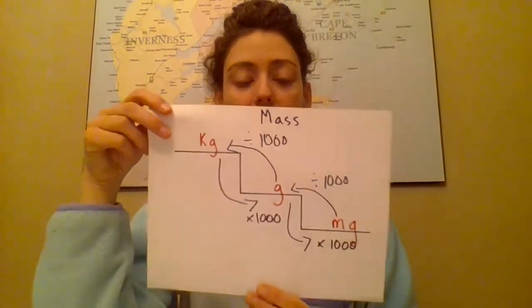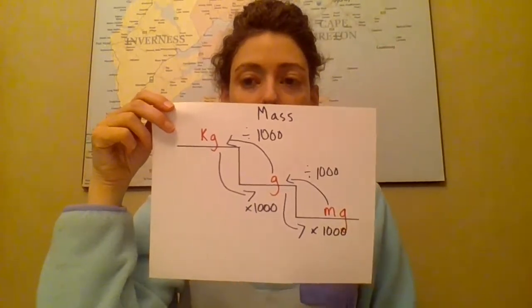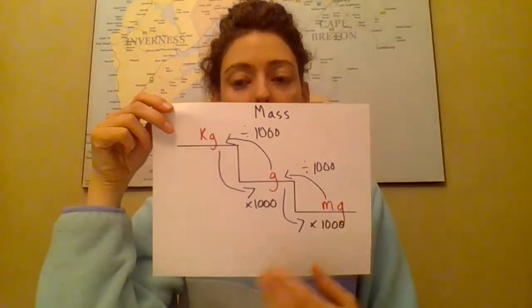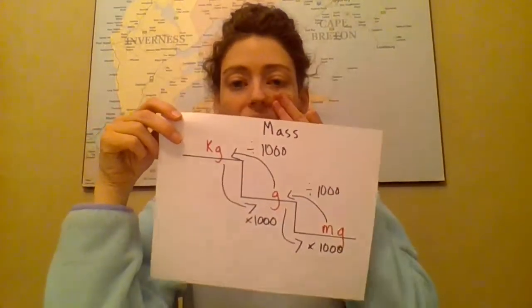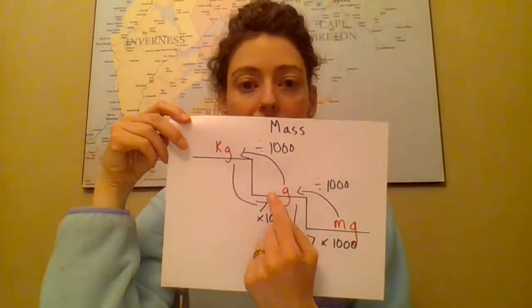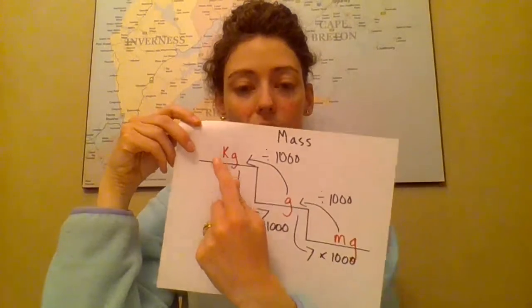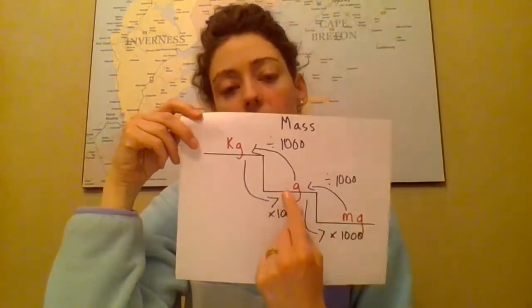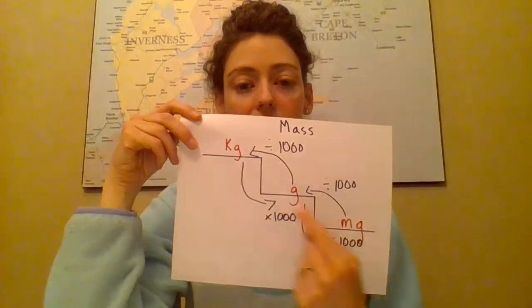So if you're dividing by 1,000, you're going to move the decimal place over 3 spaces. And if you're multiplying by 1,000, you're going to move the decimal place over 3 spaces again, just this time to the right, so that the number gets bigger. So you would need 1,000 grams to make up 1 kilogram. You'd need 1,000 milligrams to make 1 gram. Okay, so you can use this to be going back and forth, converting.